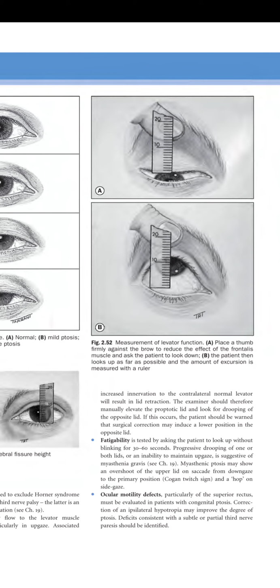So basically, you place the thumb on the eyebrow so you do not let the frontalis muscle act, and then you ask the patient to look in the down gaze, and you place the ruler at the margin of the upper lid in the down gaze, and ask the patient to look up to the roof as far as possible, and then you measure the action of the levator muscle. Normal is up to 15 millimeter. If it is 4 millimeter, it is called poor levator function.